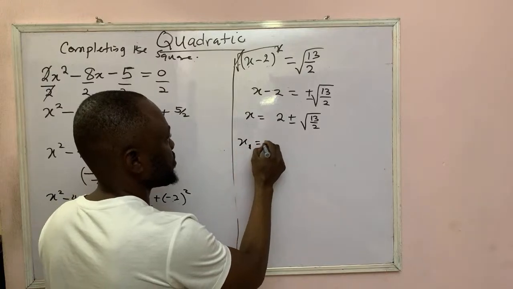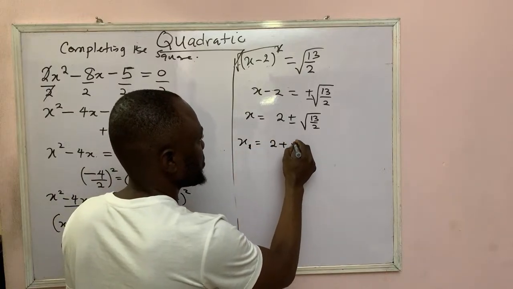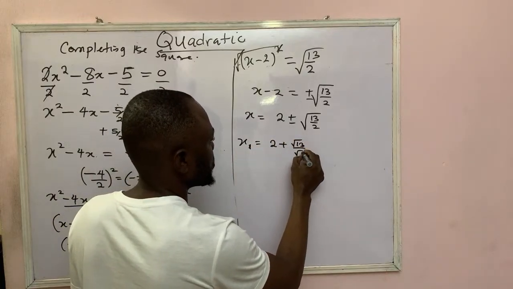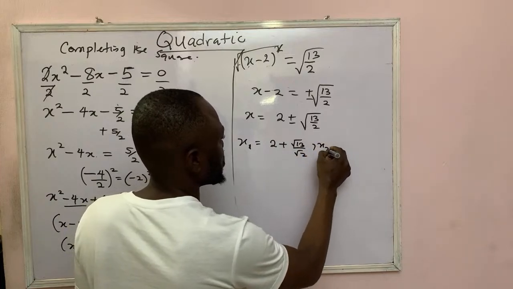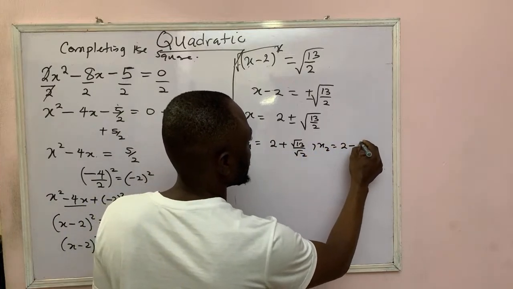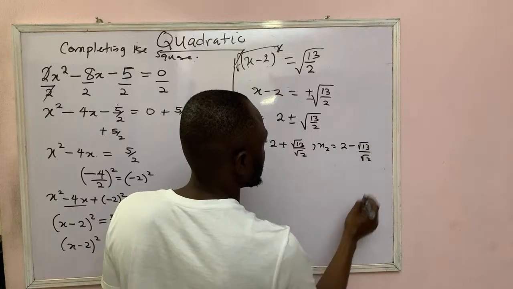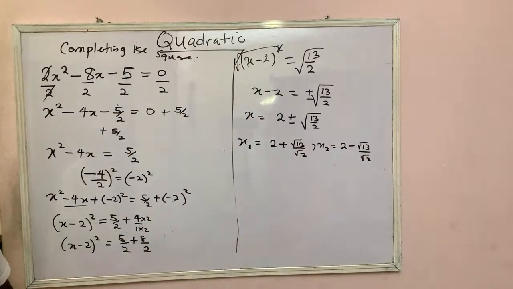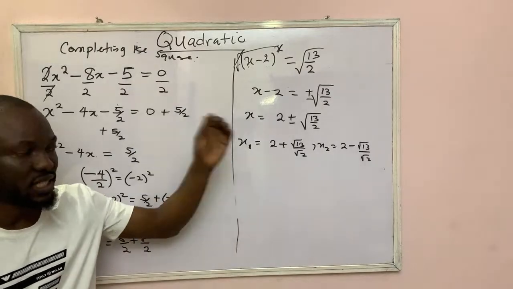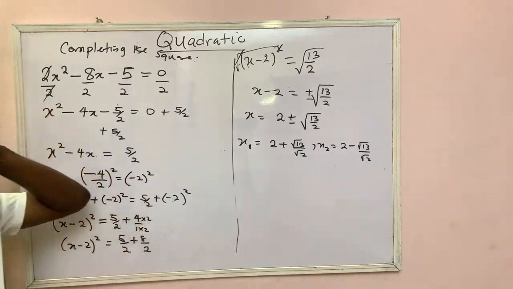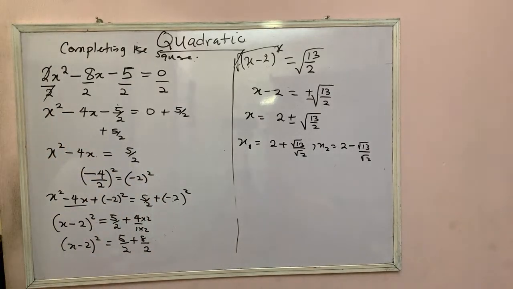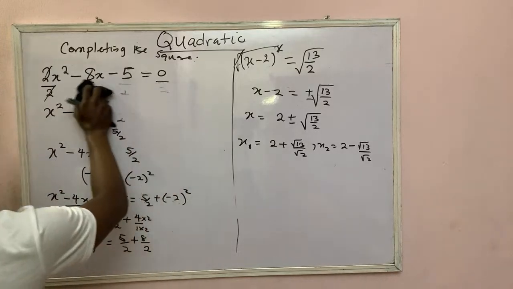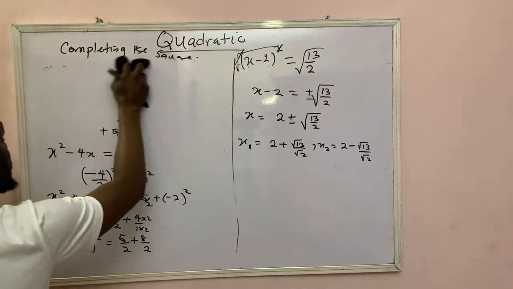So my x1 will be 2 plus root 13/2, and x2 will be 2 minus root 13/2. You can plug that in your calculator to find the solution. All right, so that's how to solve by completing the square.